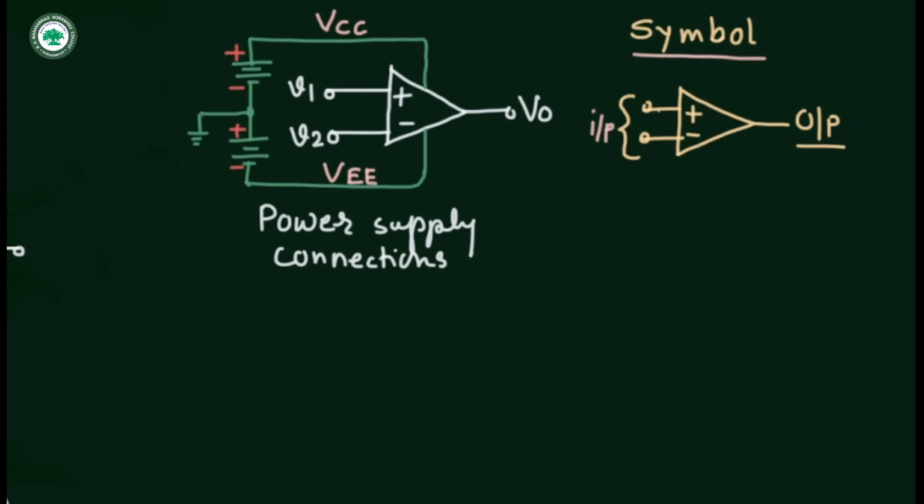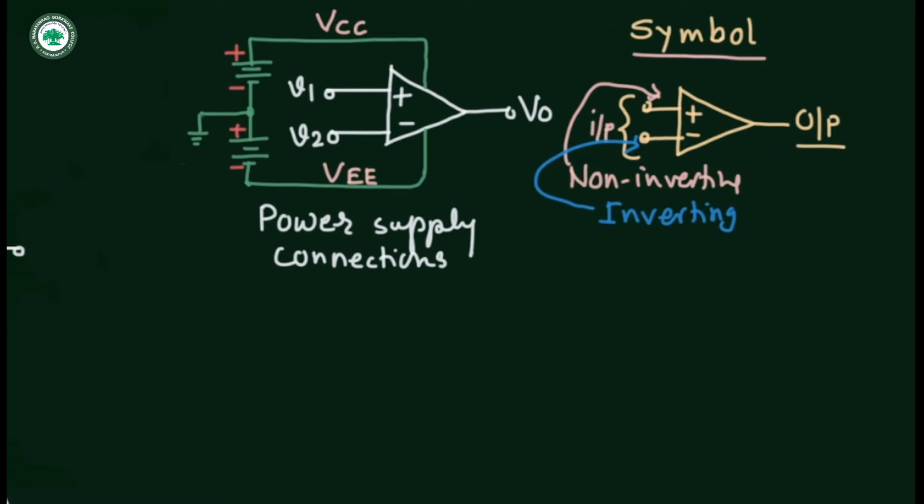There are two inputs: the plus terminal is the non-inverting input, and the minus terminal is called the inverting input. So this is about the inputs, and the output is a single output. We consider this as the output.